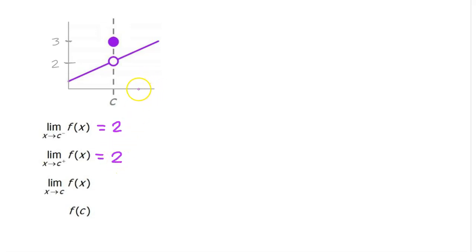As the input values get closer to c from the right, the output values again get closer to 2. Because the left-sided limit and the right-sided limit are both equal to 2, automatically the overall limit is equal to 2. What about f at c? The value of f at c is given by the closed circle. So that's going to equal 3.